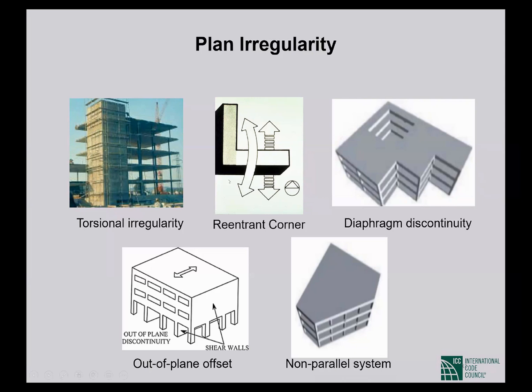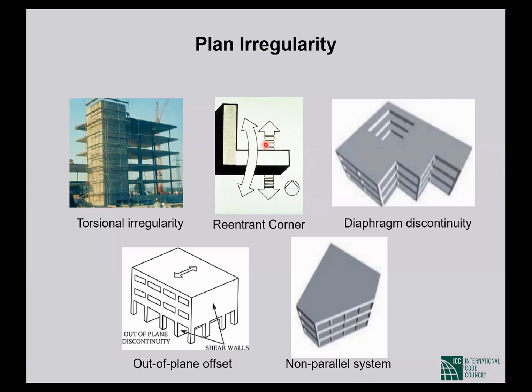Reentrant corners, like these L-shaped buildings or T-shaped buildings or U-shaped buildings. For example, this building, you can see in the picture, I'll try to use my laser pointer here. So if the ground vibration is in this way, you can see this part is quite stiff because this is the longer side.